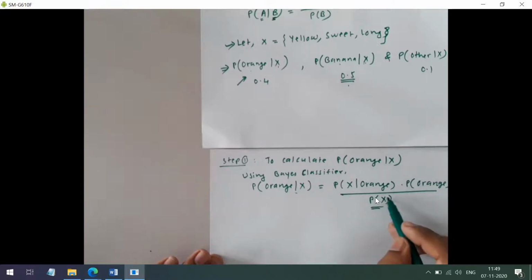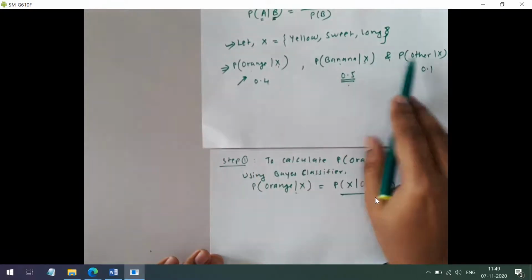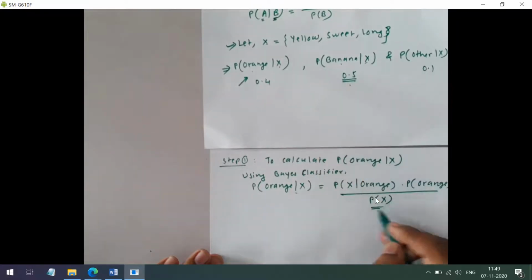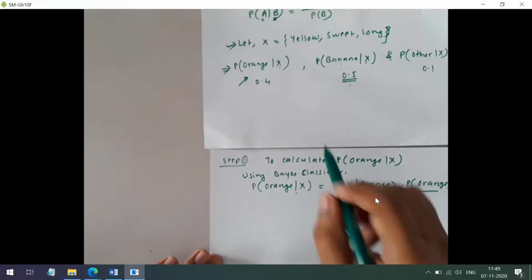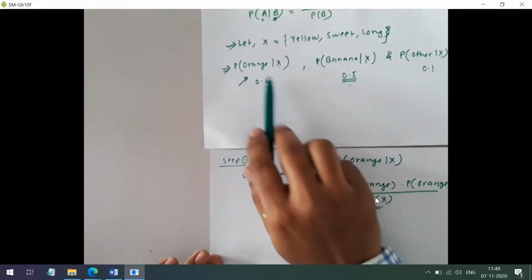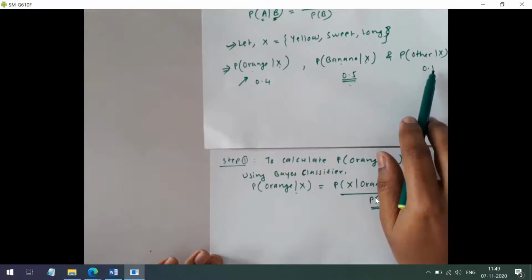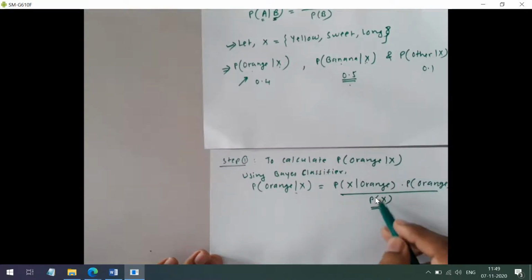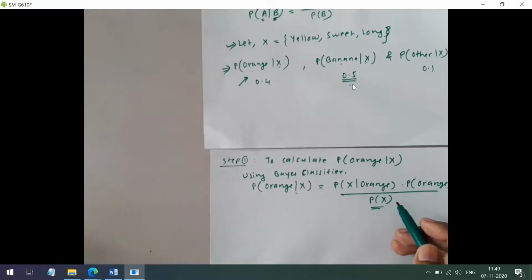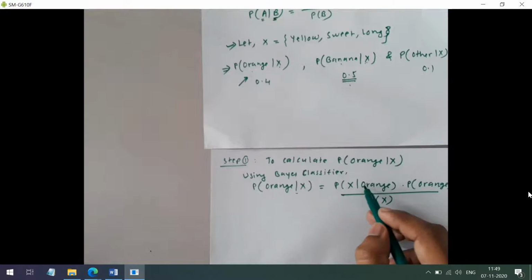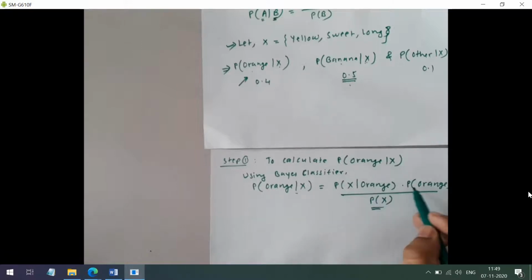As this term is present in all the three categories, we ignore that term. Because the denominator is same, right? So we are going to find the term which is having the highest probability, and this denominator will not affect that value because the denominator is same for all the categories. So actually we are going to find only the value of the numerator only.